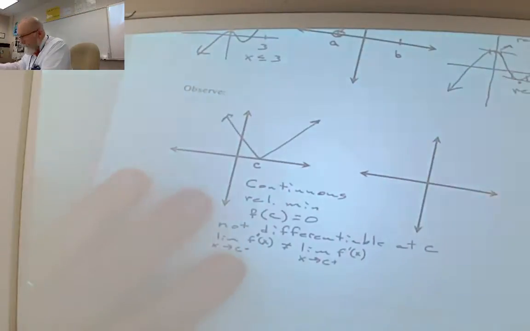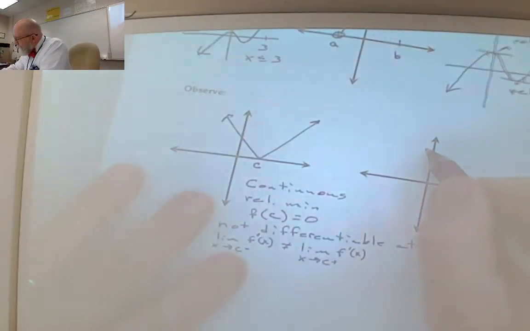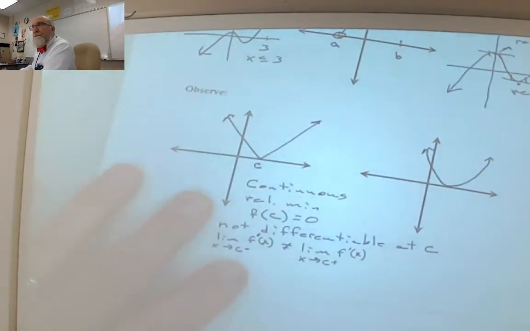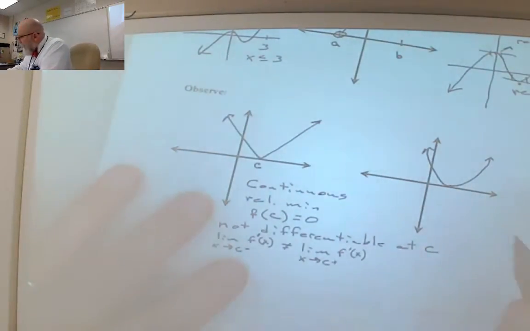So now I'm going to compare it to this. This also has an absolute min, correct? It's continuous.